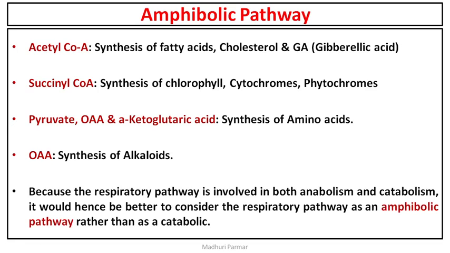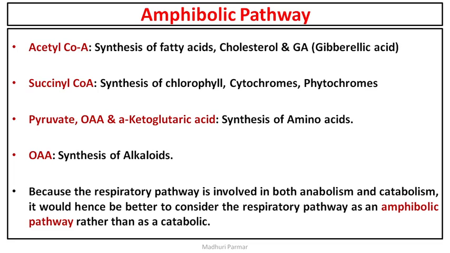Now what we are studying till now, because the respiratory pathway is involved in both anabolism as well as catabolism, it would be better to consider the whole respiratory pathway as an amphibolic pathway. You cannot say that it is just a catabolic pathway. A lot of different intermediates are used for anabolism as well.